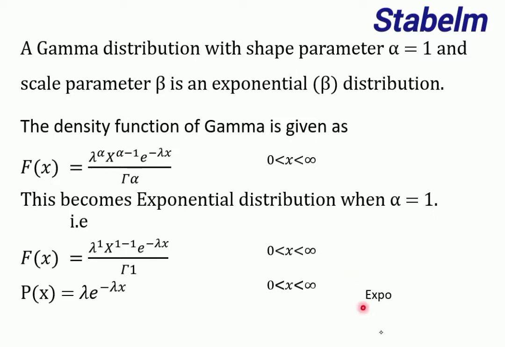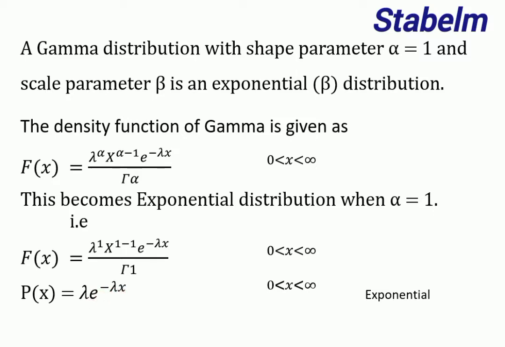That is an exponential distribution. We can see this gamma distribution definitely becomes an exponential distribution when we set alpha equal to 1. This gamma distribution becomes an exponential distribution, giving lambda exponential raised to power minus lambda x.